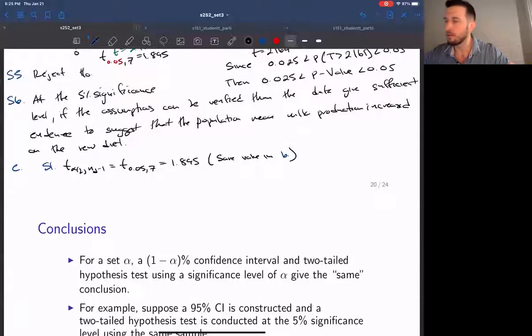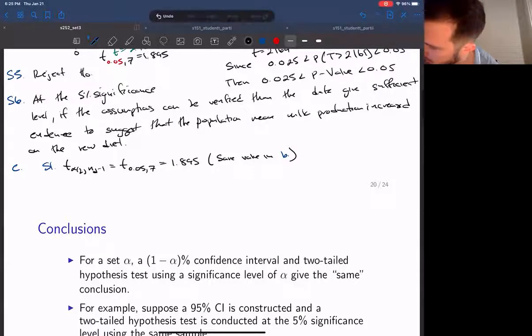Now the hypothesis test said that we should reject the null hypothesis, which means that we have evidence that milk production increased, which means that we have evidence that mu D is greater than 0.